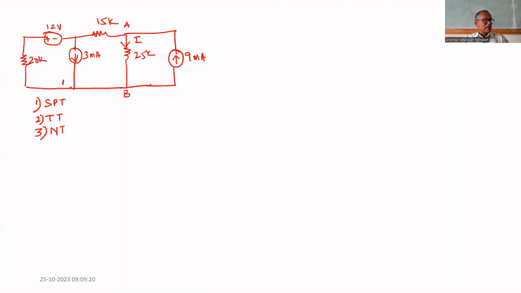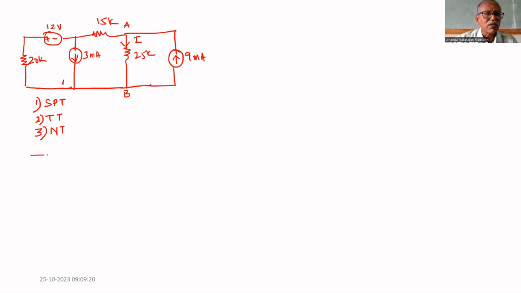If it is a linear network, each source can act separately. The sum of all the currents equals the current when all act together, which is the total current. That is superposition theorem. So for that, we have to find the current through the 25K. We are going to consider the 12 volt first.